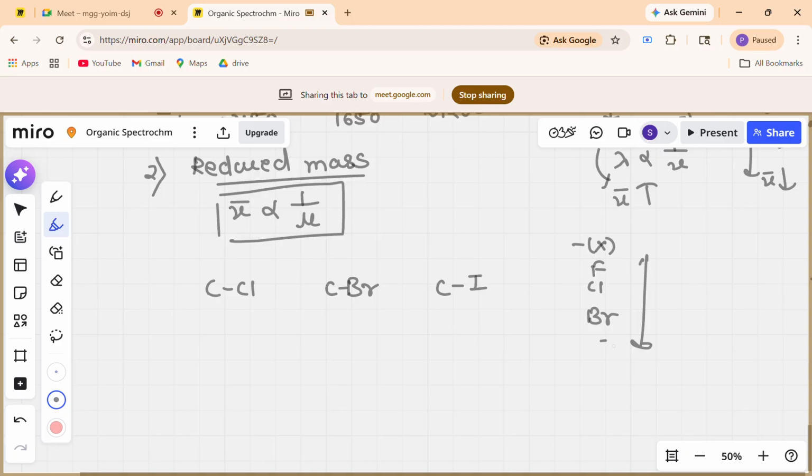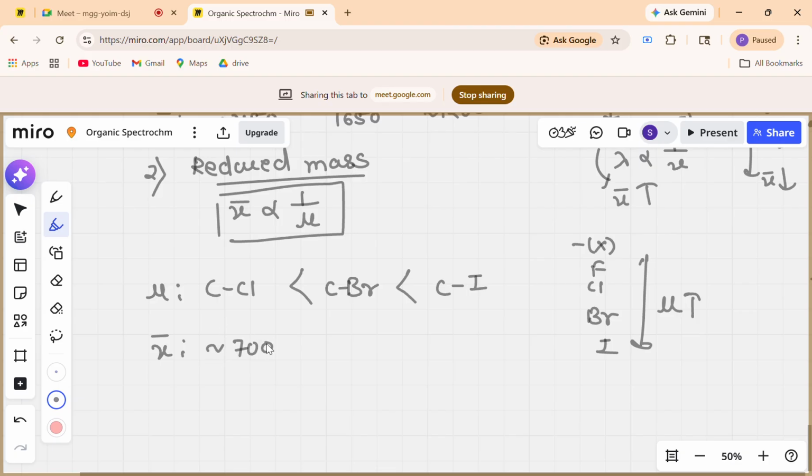If we consider the halogen group, fluorine, chlorine, bromine, iodine, then down the group the mass increases, so the reduced mass increases down the group. The reduced mass of the carbon chlorine bond will be less than carbon bromine, less than carbon iodine, as carbon is constant in all the bonds we are considering and only the halogen atom is changing.